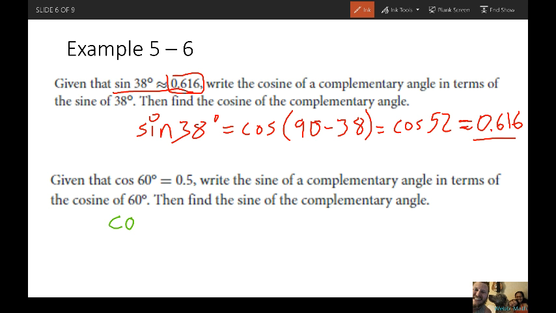All right, last example for this situation. You have cosine of 60 degrees equaling 0.5. So we're going to set up our complementary angle, which will be sine of 90 degrees. Again, we're going to find the difference: 90 minus 60. You do that in your head, you just get 30. So sine of 30 degrees.